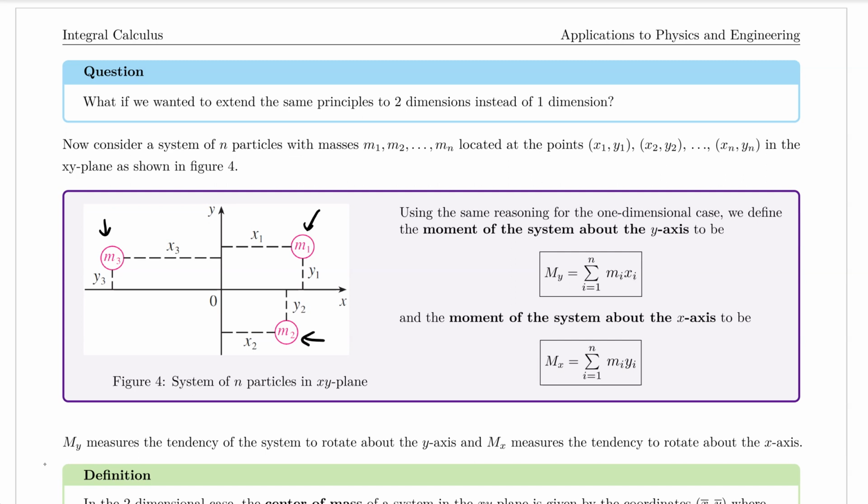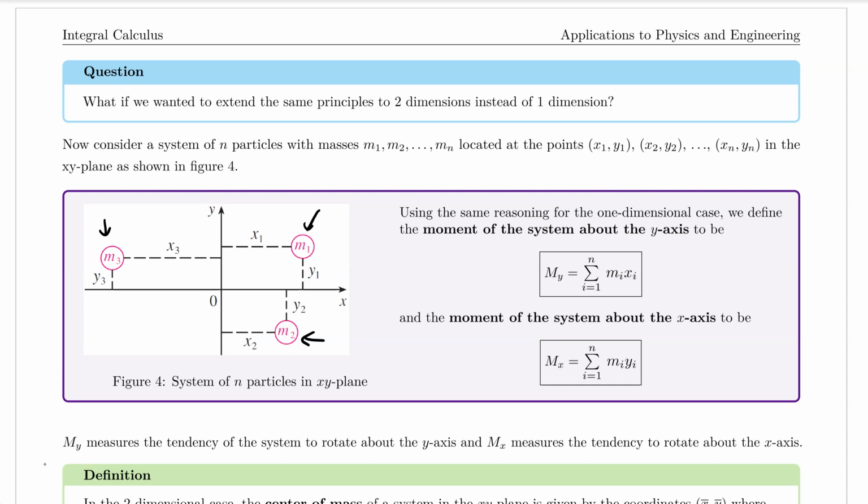We'd like to find the center of mass using these 3 objects, and so using the same reasoning for the one-dimensional case, we define the moment of the system about the y-axis to be capital M sub y, which is equal to the sum of the masses times the x-coordinates, and the moment of the system about the x-axis to be capital M sub x, which is equal to the sum of the individual masses times the y-coordinates of where the masses are located.